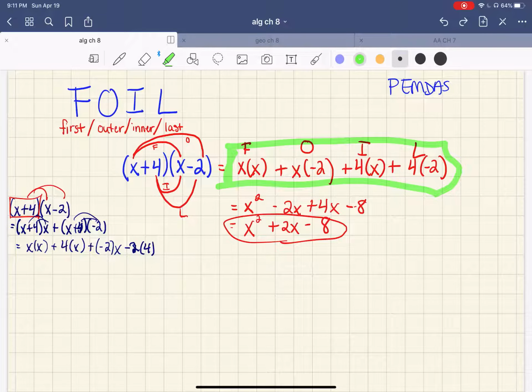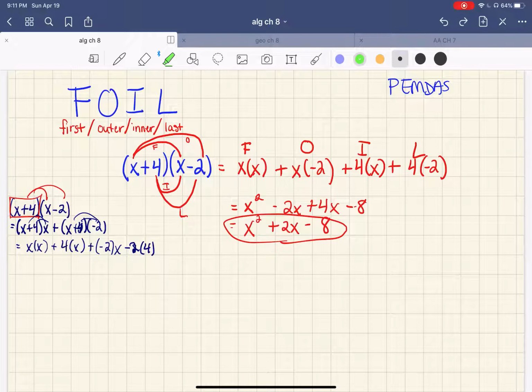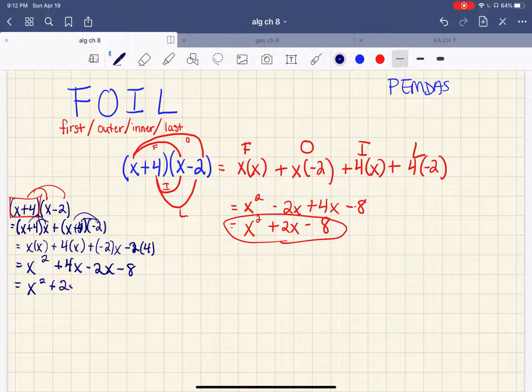Interesting. And this is going to shock you, but the last two steps are going to be the exact same, okay? So I end up with x squared plus 2x minus 8. So the exact same thing. This is a little aside saying, okay, both of these are legal moves.